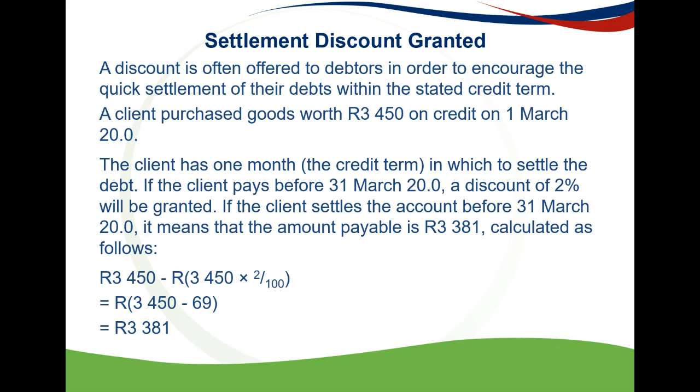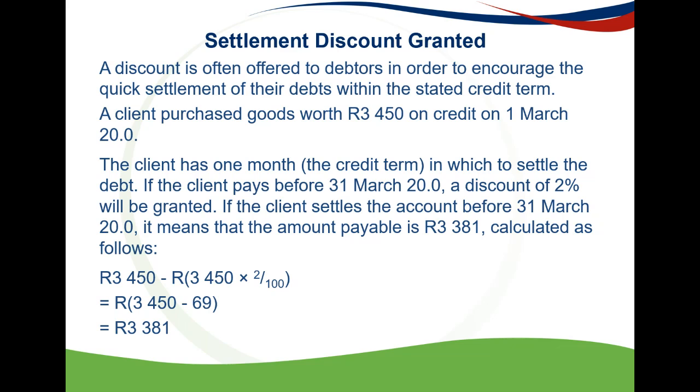Normally the client will have a month to pay. So if the client purchased on the 1st of March and he then settles on the 31st of March, he will just pay his normal 3,450. But if the debtor settles his debt before that 1 month, let's say he pays on the 15th of March, then he's going to get this 2%.